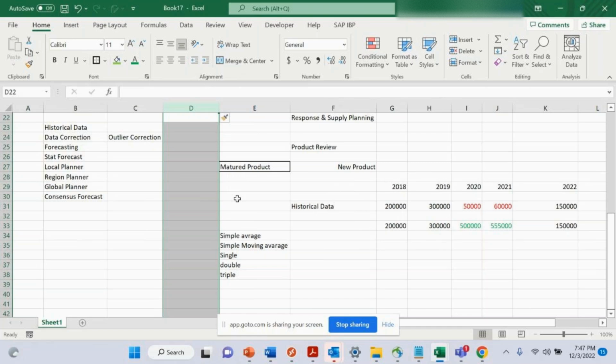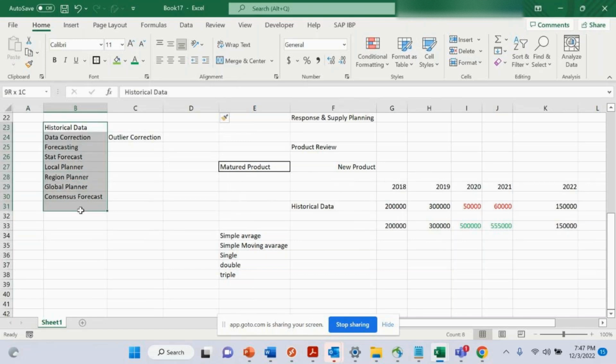Right now I am explaining what the demand process is, how we arrive at the final consensus forecast. This snapshot, the copy operator, all these things will come into the picture when we are doing the planning. So this is a very high-level view of how our demand planning process works. Clear, right? Yes.